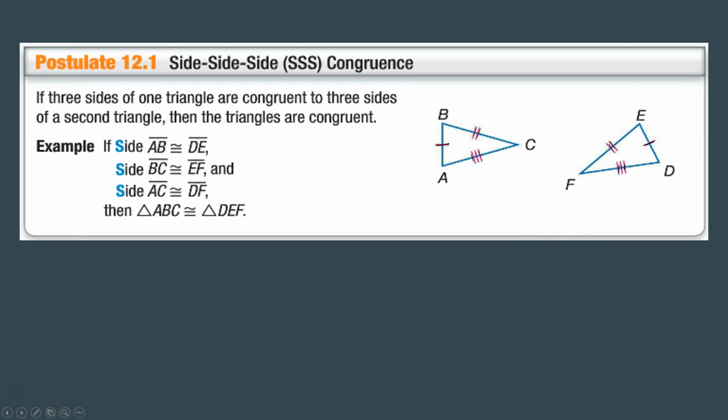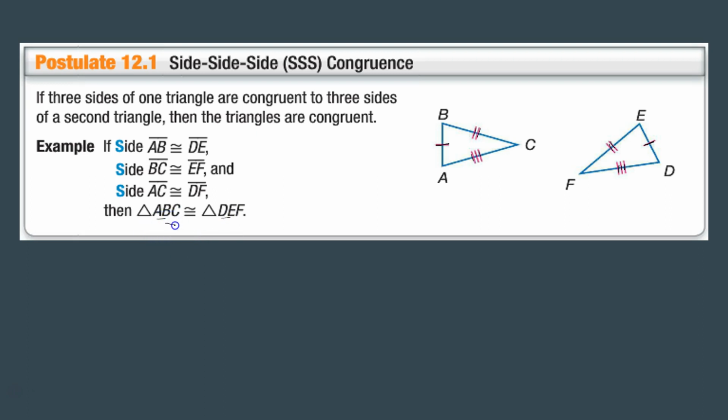With this, we can make our congruency statement. Remember, a congruency statement is when we're saying one triangle is congruent to the other. And the order for this really does matter. So triangle ABC is congruent to triangle DEF. Let's double check this. Side AB is congruent with side DE.